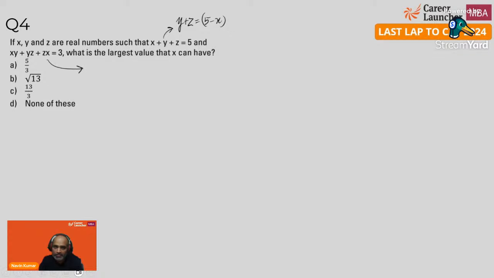Let's use this. From here, basically, I need y and z. Oh, I should not eliminate x, basically. So x gets eliminated.